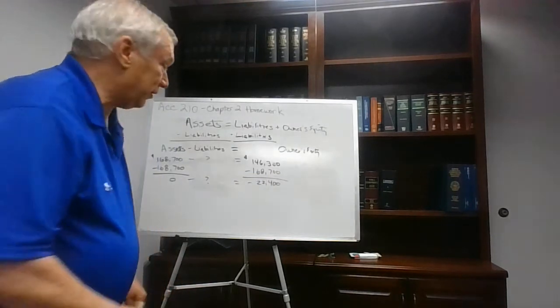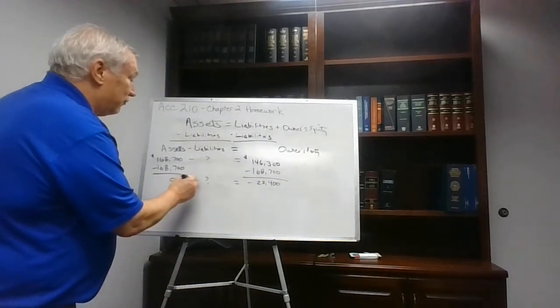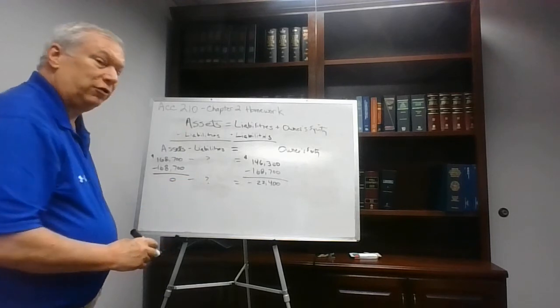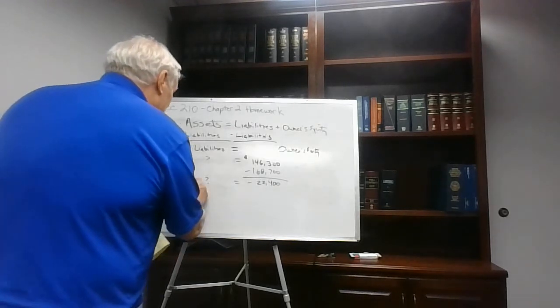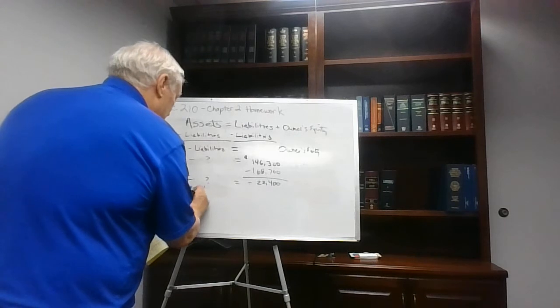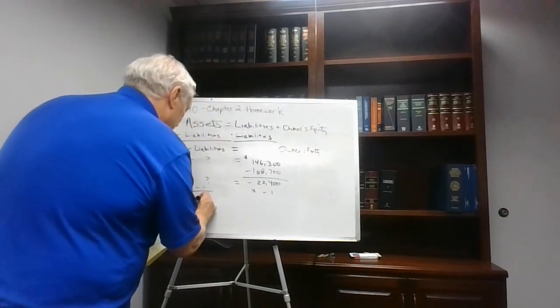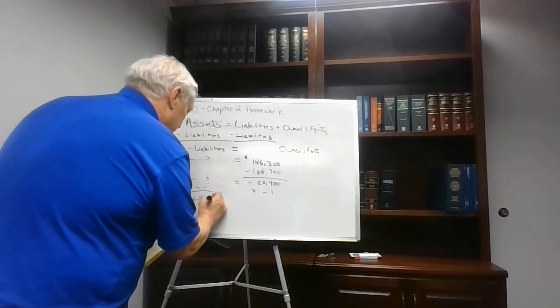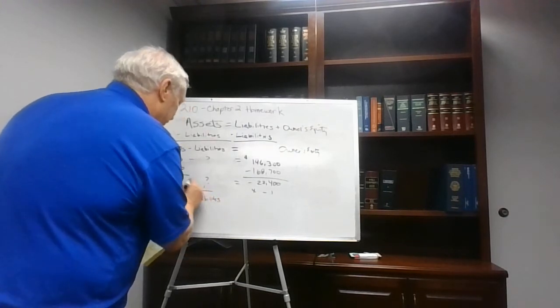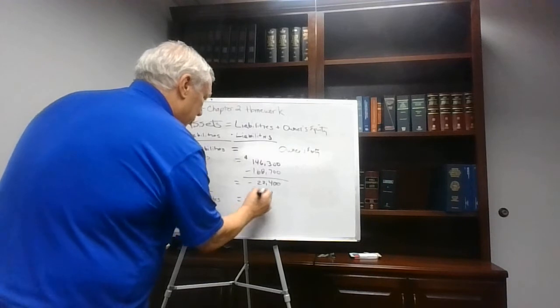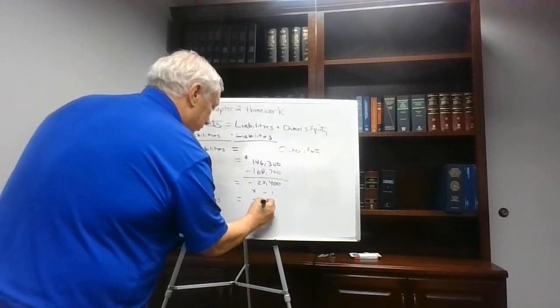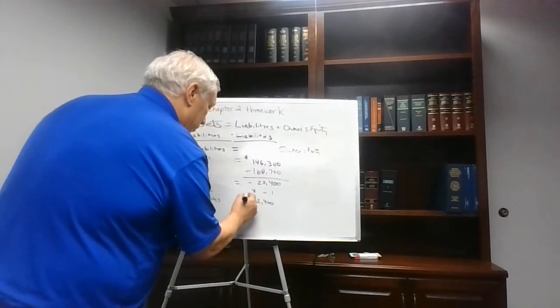No, they're not. Remember, you've got negative liabilities here. How do you make a negative a positive? You multiply it by negative 1, times negative 1. Now you've got liabilities, because it's now positive, equals a positive number, which is 22,400.